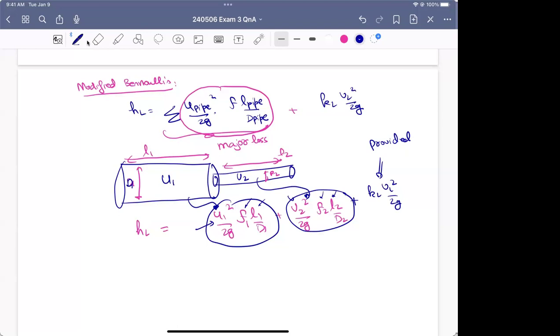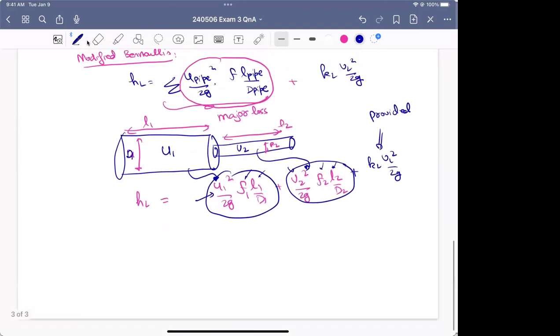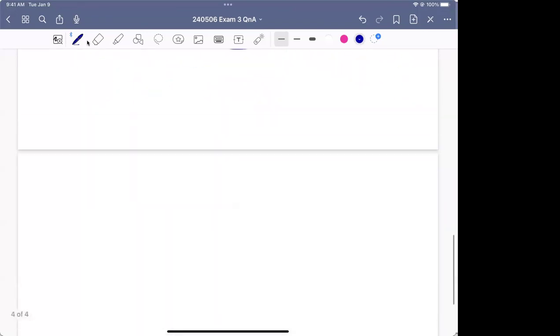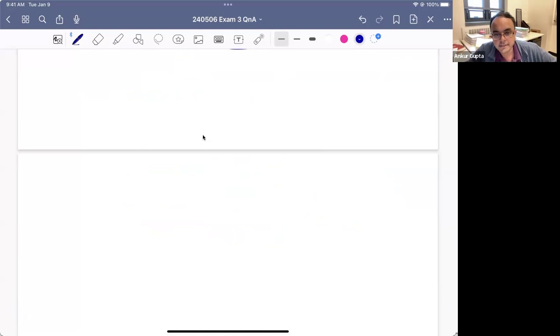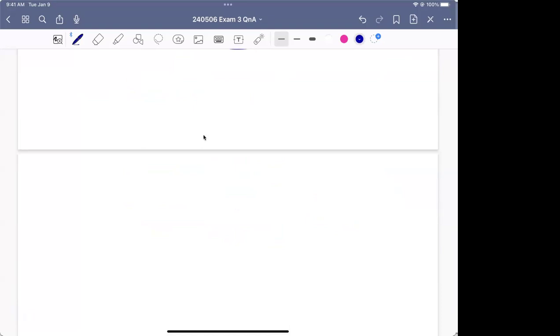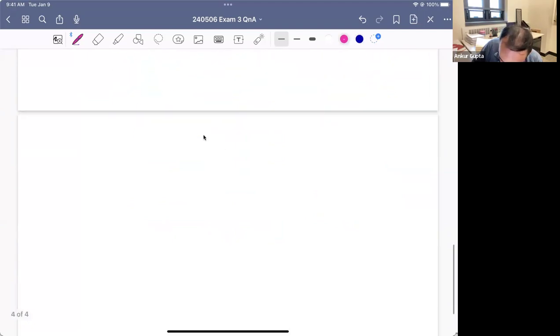Could you please explain 5B in the practice exam, right? Yes, so I can explain it. I would highly recommend not to worry about it for the exam tomorrow.